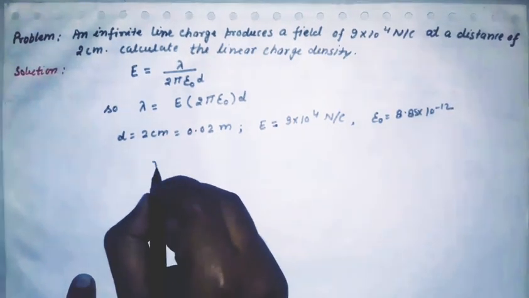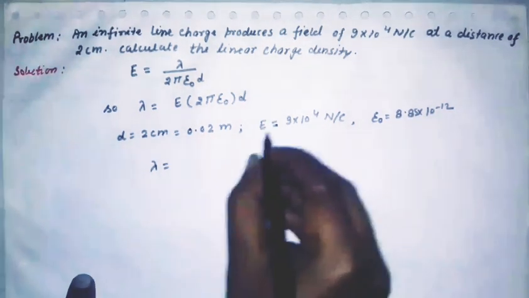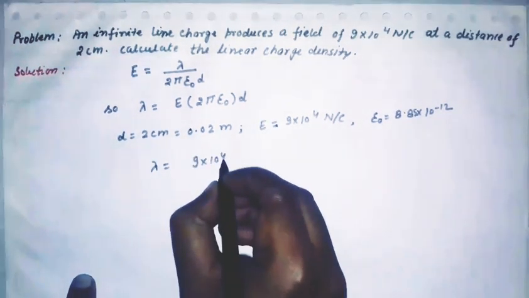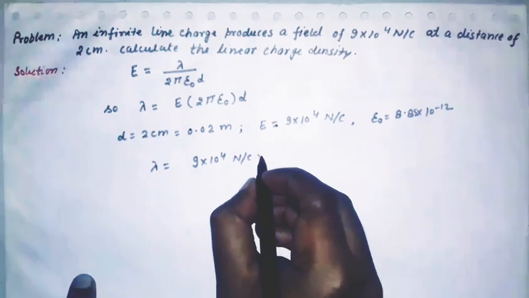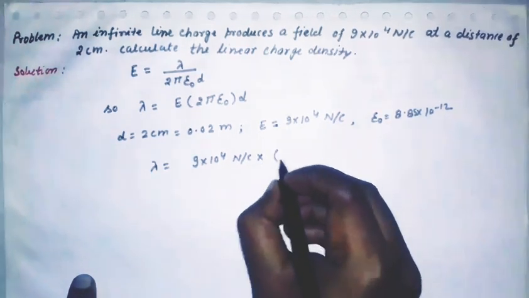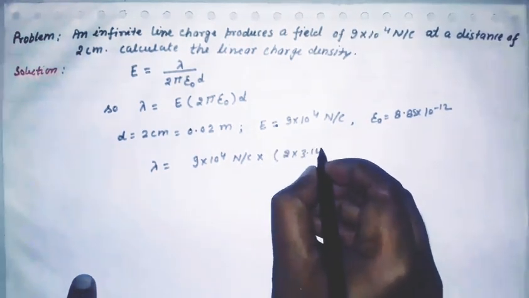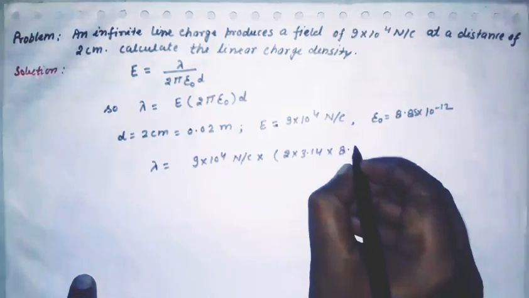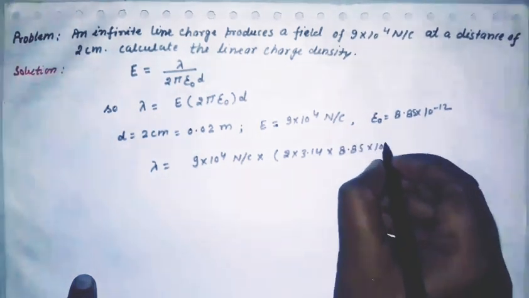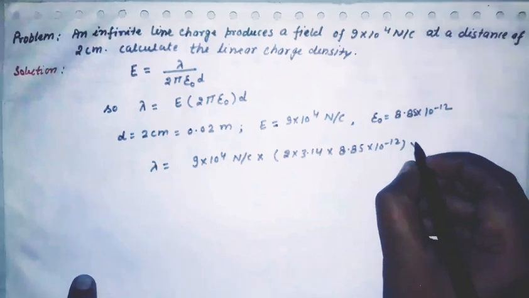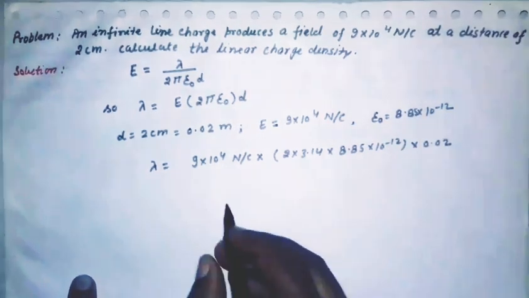So put down the values: lambda equal to 9 into 10 to the power 4 multiplied by 2 into 3.14 into 8.85 into 10 to the power minus 12 into 0.02.